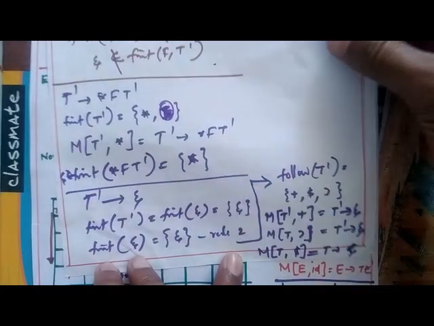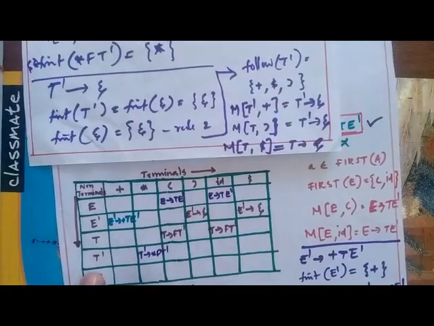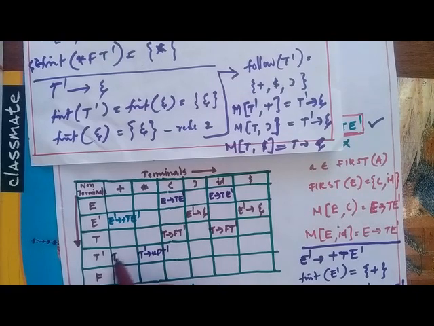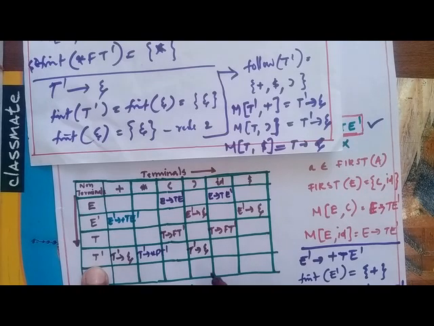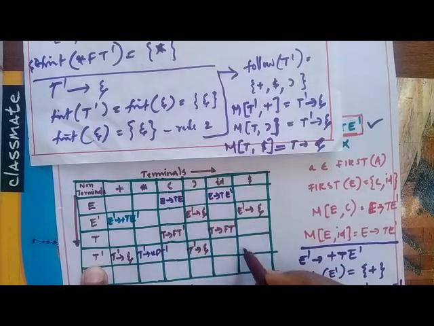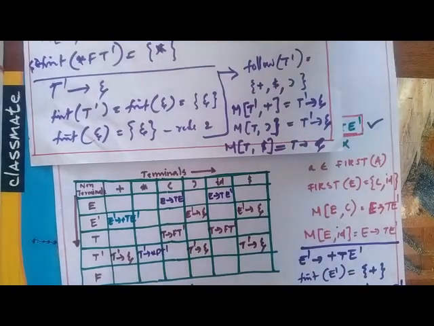So in three places we need to add T dash gives epsilon: M of T dash plus, M of T dash right bracket, and M of T dash dollar. So that is over.